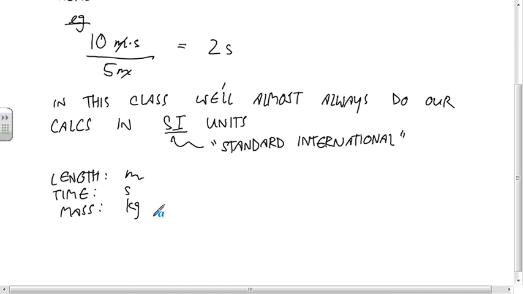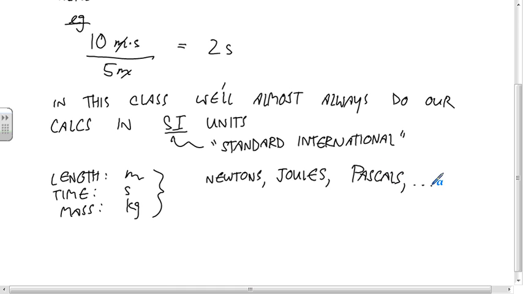And then using these, you can come up with a whole bunch of other units that are going to come up as the semester and the year go on. Like newtons are going to be the unit of force. Joules are the unit of energy. Pascals are the units of pressure. It goes on and on. Volts.